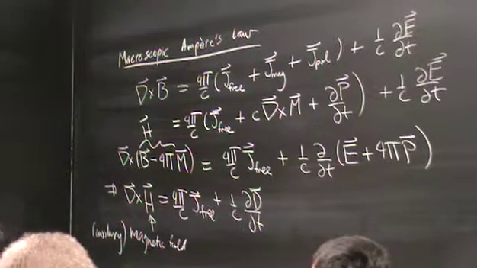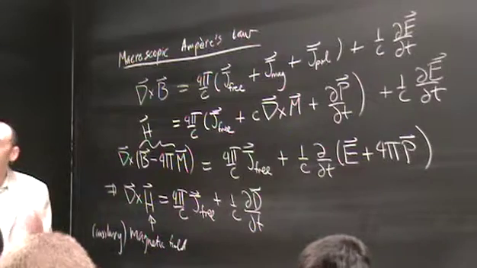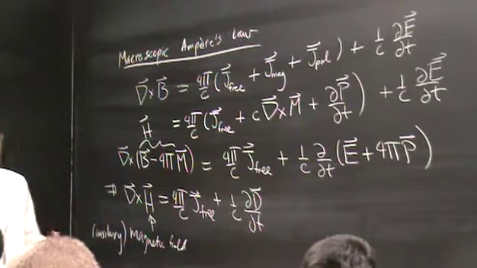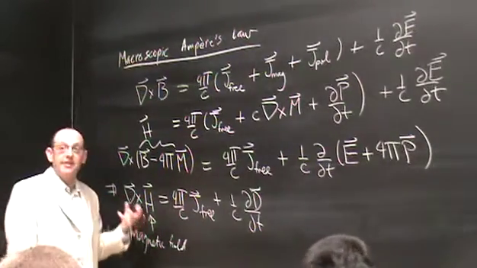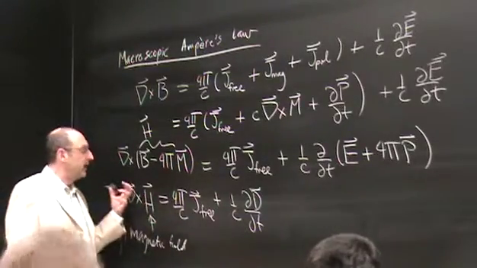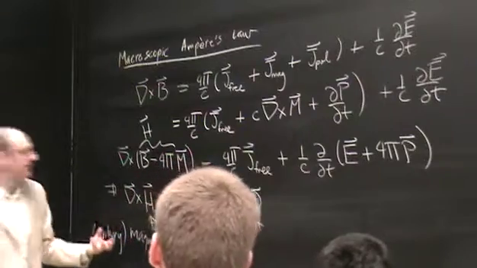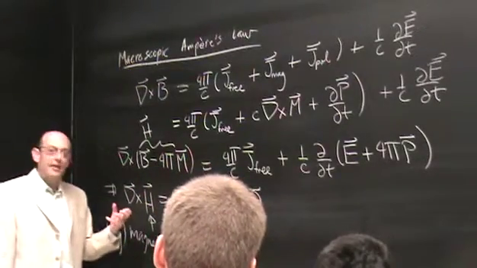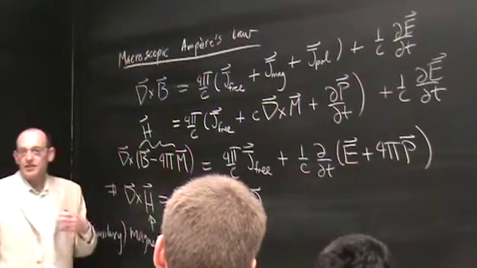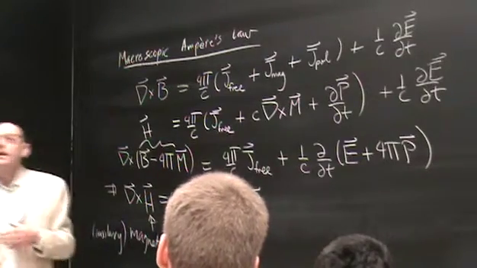So you put a certain amount of current through your wire, and that's what you have control over. So it makes sense, in some sense, to talk about the thing whose source is just the free current. That's one of the reasons that electrical engineers like to talk about H rather than B.